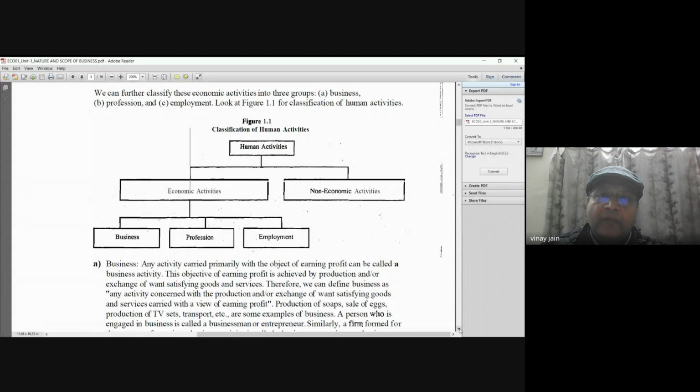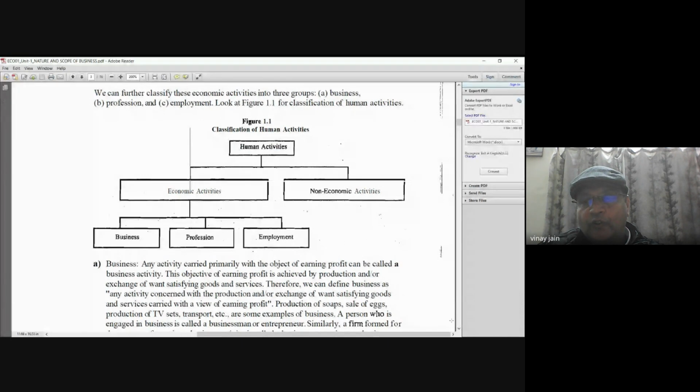In the figure, classification of human activities, human activity is on the top of the tree. It has two different branches: the first one is economic activity, and the second one is non-economic activity. If we further branch economic activity, we have business, profession, and employment.